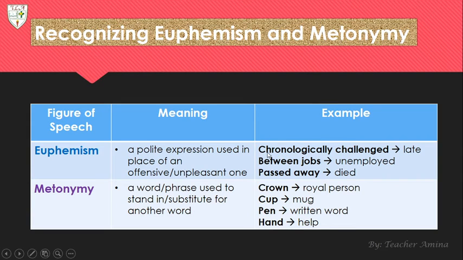Example, instead of saying the person is late, we can say that person is chronologically challenged. Instead of saying your uncle is unemployed, you can say your uncle is between jobs. Instead of saying your neighbor died, you can say your neighbor passed away.